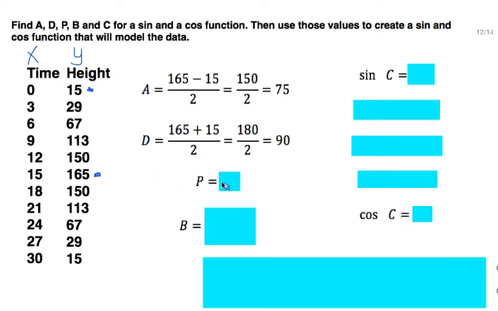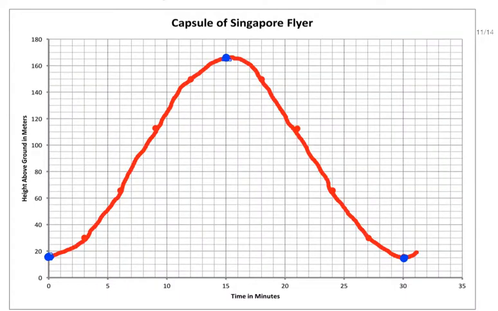Now we want to find the period length. Remember, your period is the distance from one minimum to the next minimum, or from one maximum to the next maximum. Now we don't have two maximums here, but we do have two minimums, and the distance is 30.